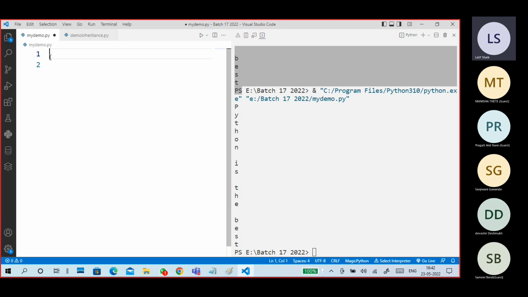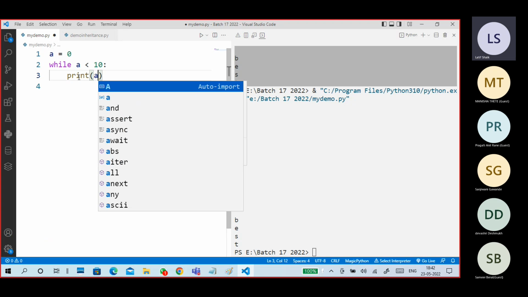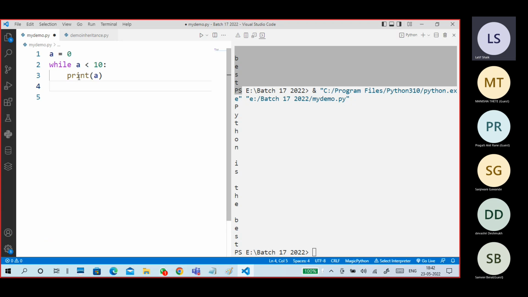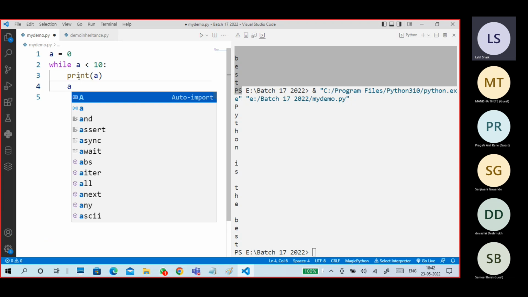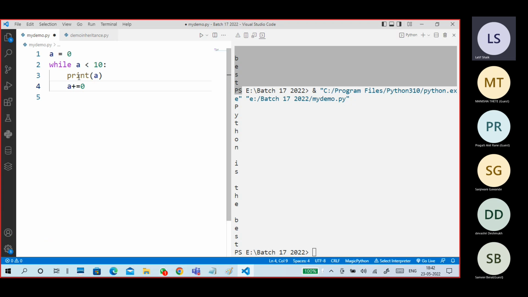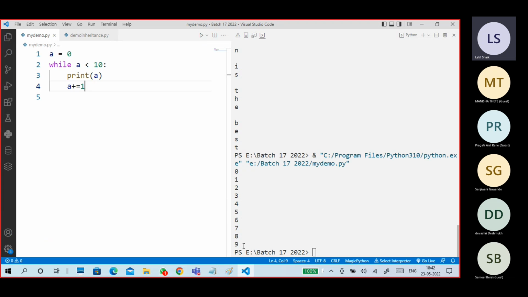Sorry, the star program, right? While a is less than 10, a is equal to 0. Print a. Normally you print a, then a plus equal to 1. So it will print 0 to 9.